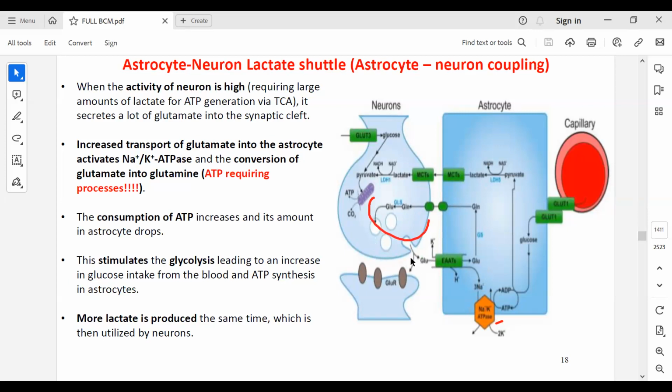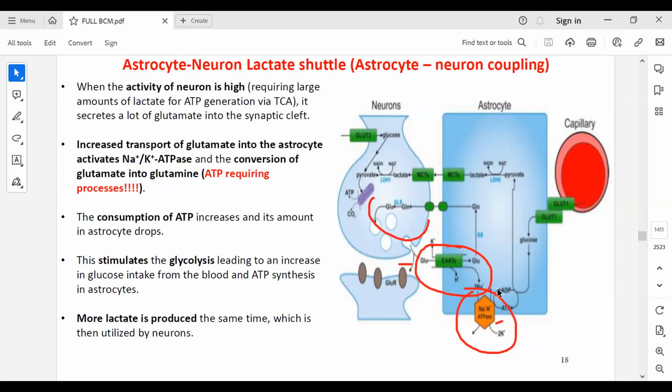Once you've released your neurotransmitter in the synaptic cleft, it will be reabsorbed by the astrocytes and recycled. For you to recycle that glutamate again, you need to use this ATPase channel, because for it to take in glutamate, it takes in sodium and takes out potassium.